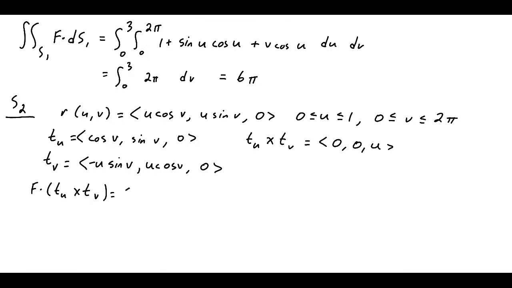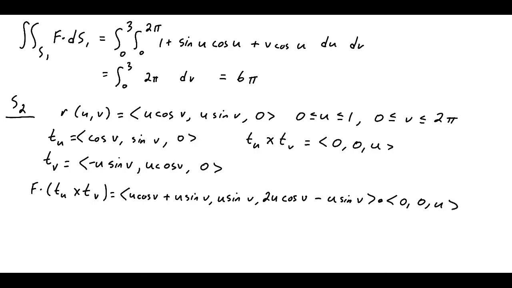That'll be equal to ⟨u cos v plus u sin v plus 0, u sin v, 2u cos v minus u sin v⟩, dotted with ⟨0, 0, u⟩.